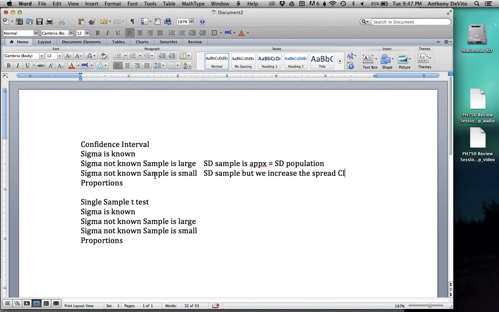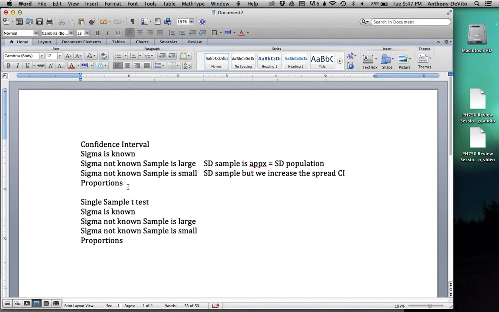There's another situation we might find ourselves in that we really didn't get a chance to talk about much last night, and that's the idea of proportions. We looked at the binomial distribution, which looks very similar to a normal distribution, and we were interested in establishing a confidence interval for a proportion.